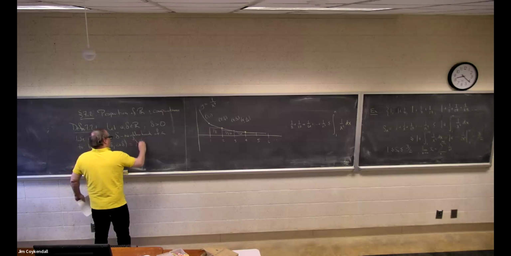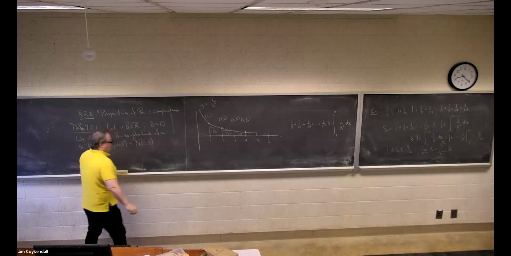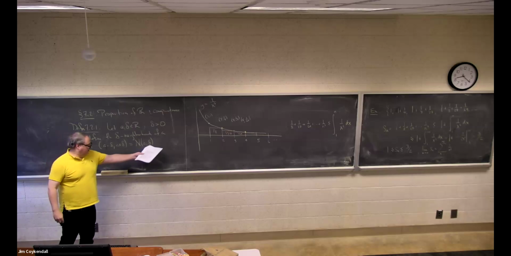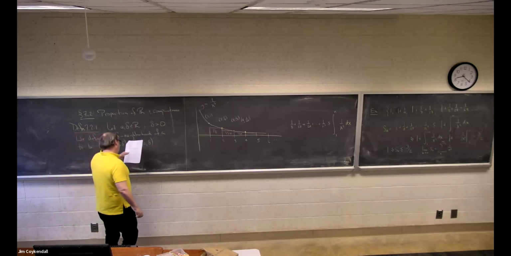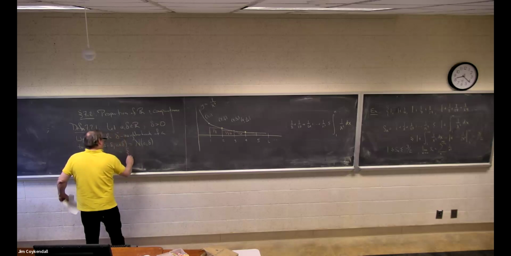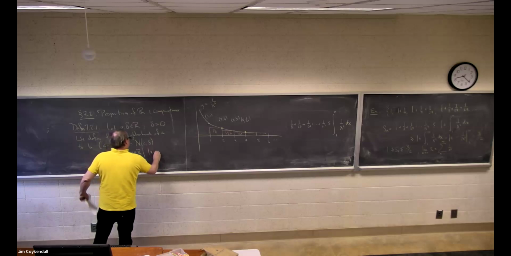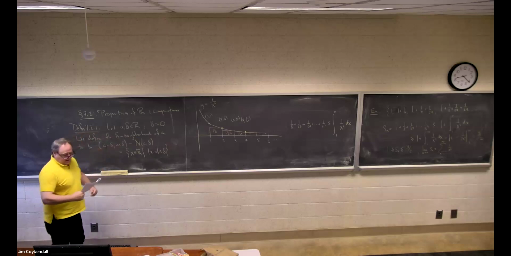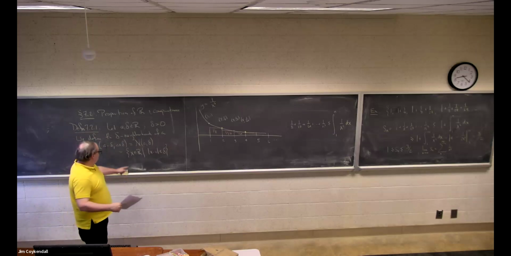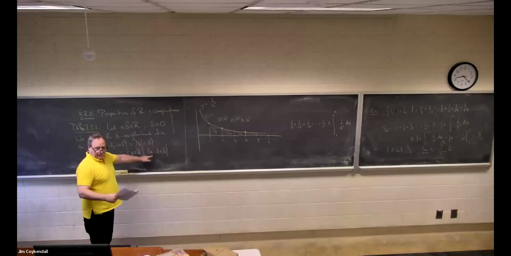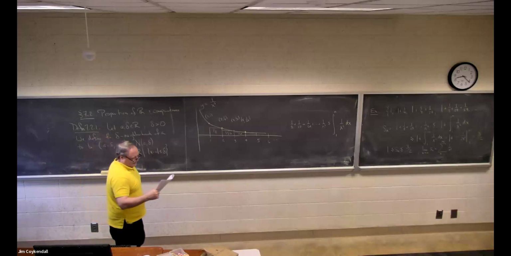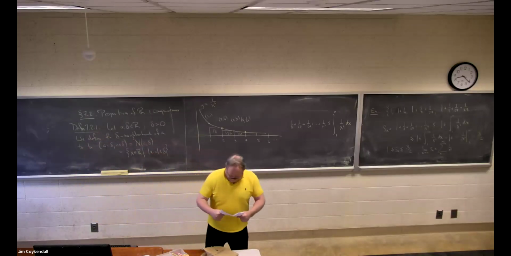This is sometimes called the neighborhood of a of length delta about it. And it is the set of all x in R such that the absolute value of x minus a is less than delta. If you look at your homework assignment, you will see this is quite familiar, because this is part of the definition of one of the problems.